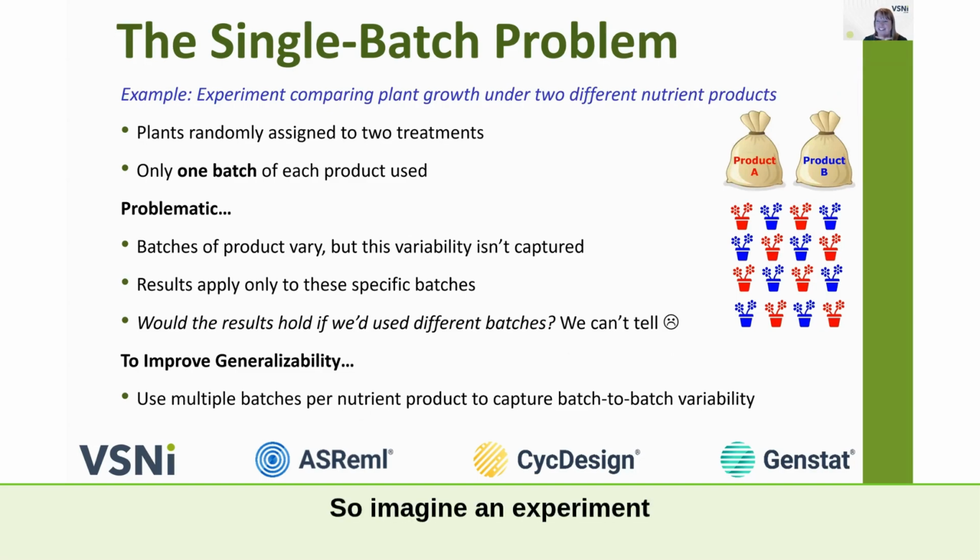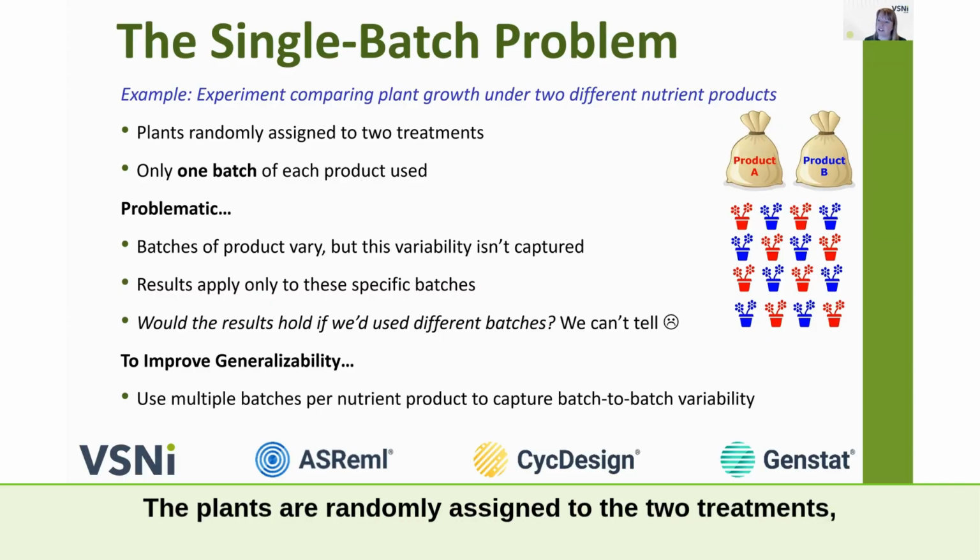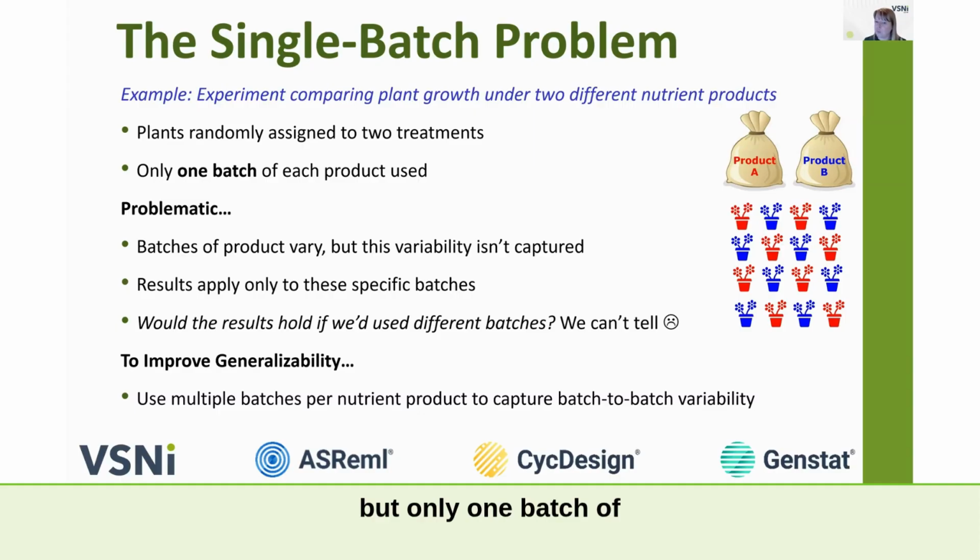So imagine an experiment comparing the growth of plants given 2 different nutrient products. The plants are randomly assigned to the 2 treatments, but only one batch of product is used. Now, this is problematic because batches of product can vary, and this variability isn't captured in the experiment.